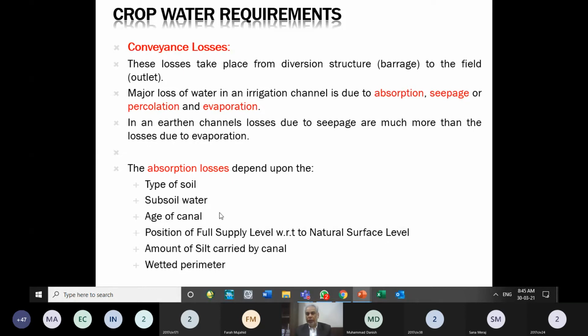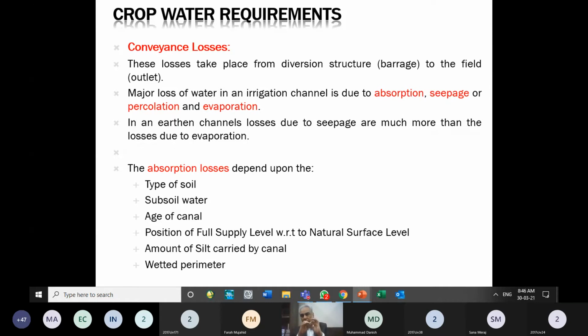Age of the canal: usually a new canal system, if it is unlined, has high seepage, and after running for a certain number of years, we expect that the small-size silt or clay will slowly deposit at the bed and the sides of the banks.